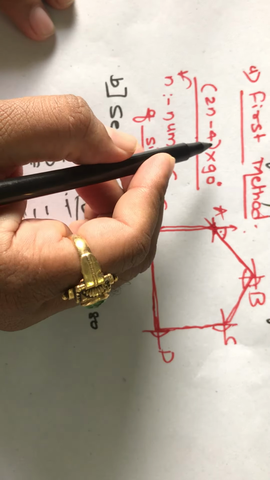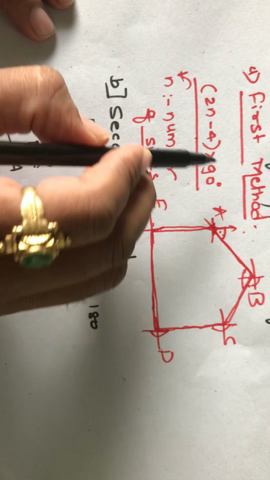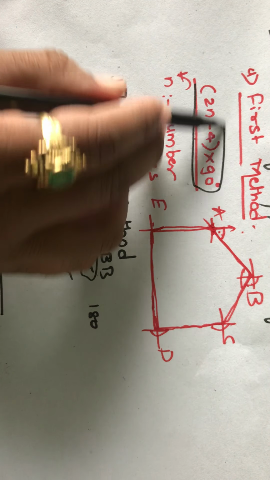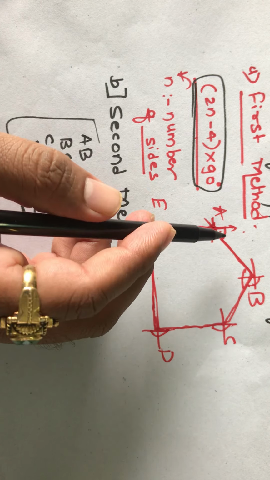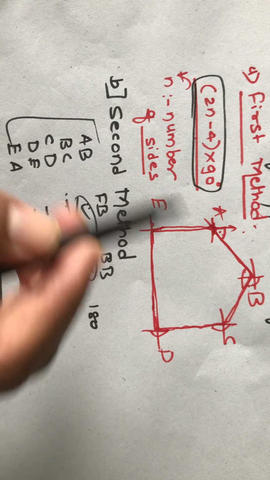In the first method we are calculating the interior angles as per the bearings, and checking with the formula (2n minus 4) times 90. Whatever the correction is, we equally divide it and apply it to each bearing.